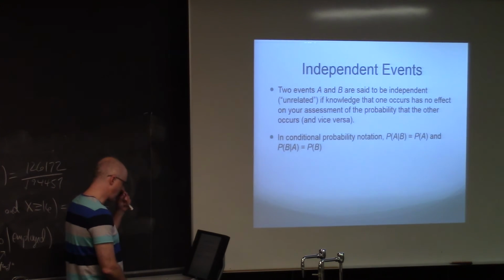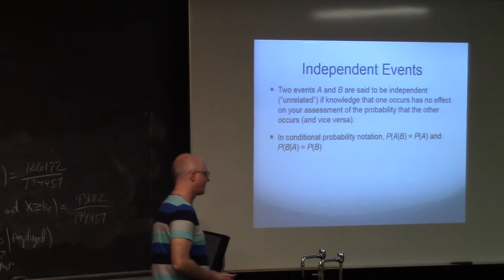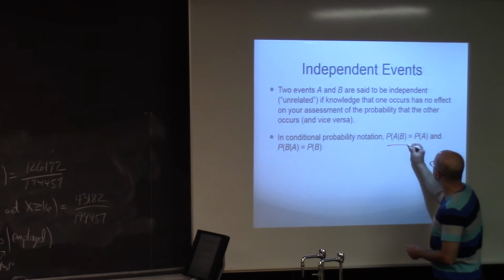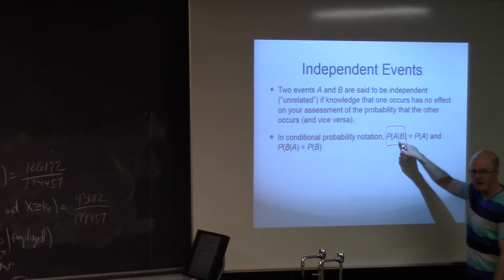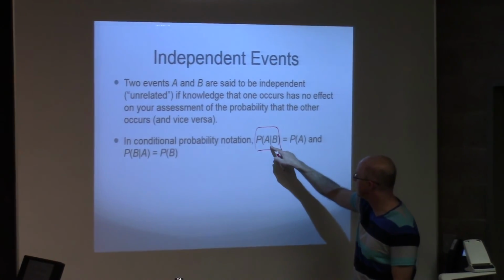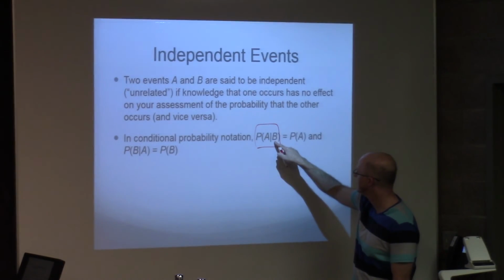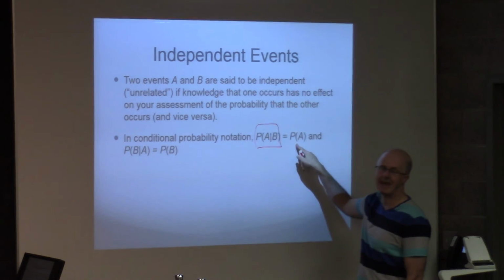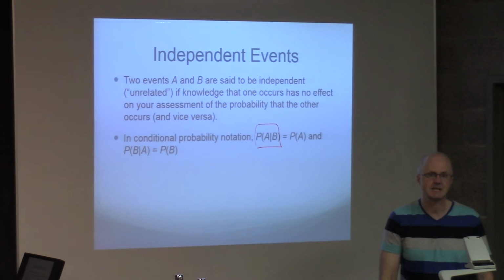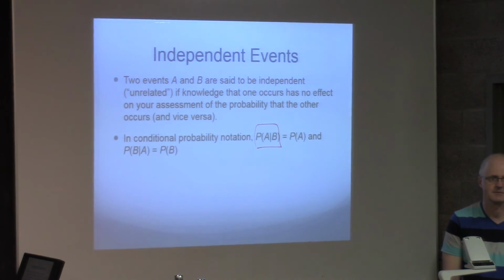With this conditional probability notation, take a look at this one here. There's a vertical line there, two events. The probability that A occurs if it is given or known that B has occurred is the same as the probability that A occurs. In other words, knowing B has occurred does not affect your assessment of the chances that A occurs.